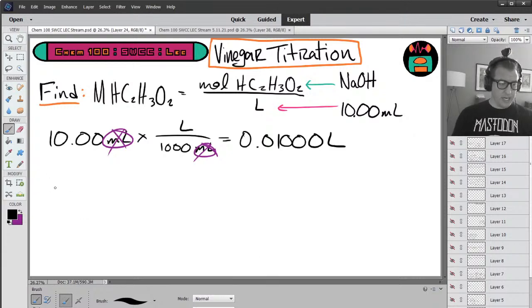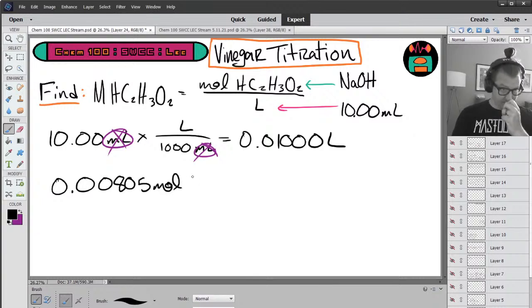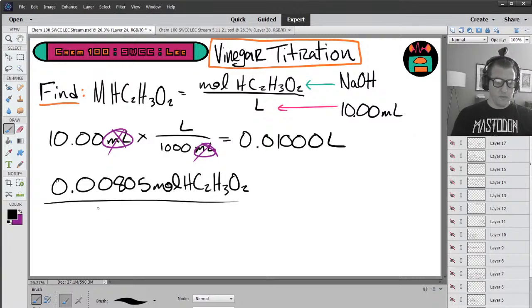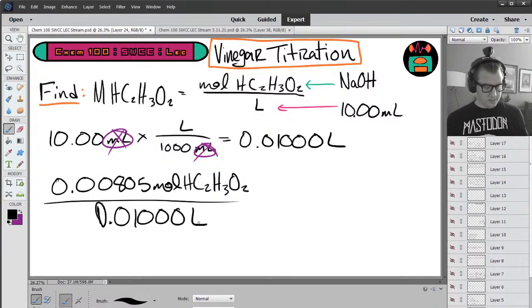So our molarity of acetic acid is 0.00805 moles of acetic acid over 0.01000 liters.